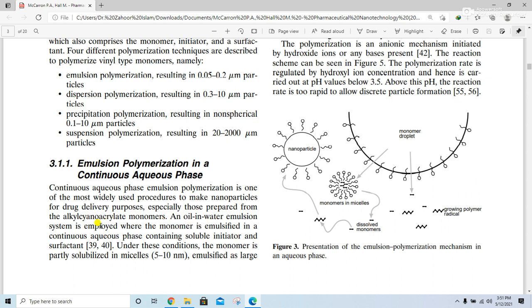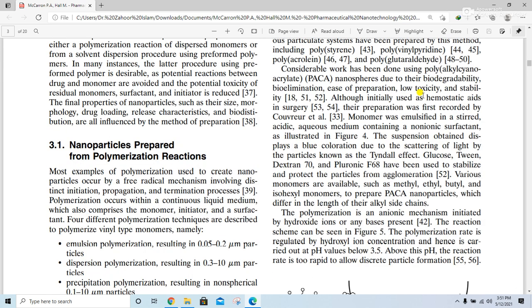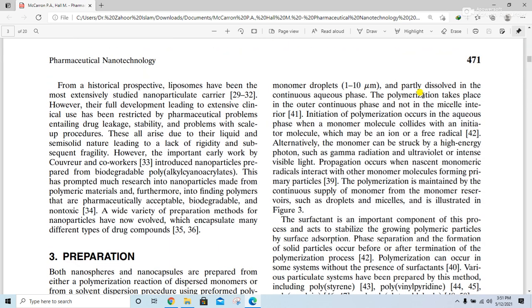An oil and water emulsion system is employed where the monomer is emulsified in a continuous aqueous phase containing soluble initiator and surfactant as well. Under these conditions, the monomer is partly solubilized in micelles of 5 to 100 nanometers, partly emulsified as monomer droplets of 1 to 10 micrometers, and partly dissolved in the continuous aqueous phase. The polymerization takes place in the outer continuous phase and not in the micelle interior.